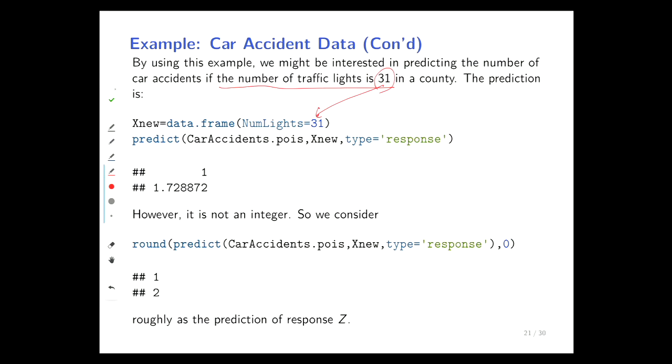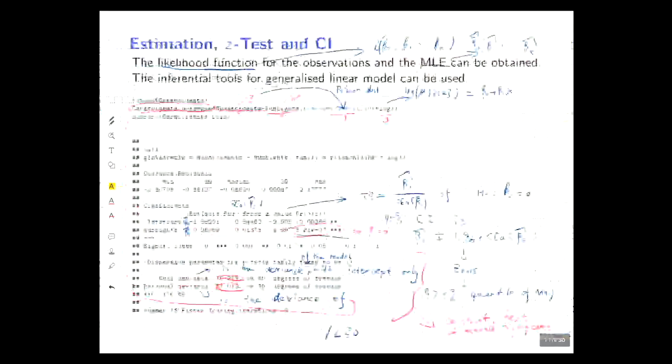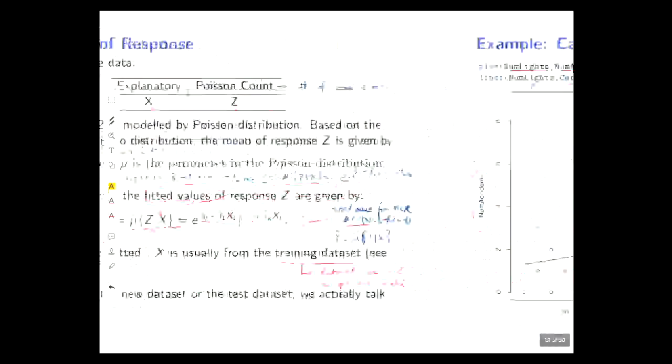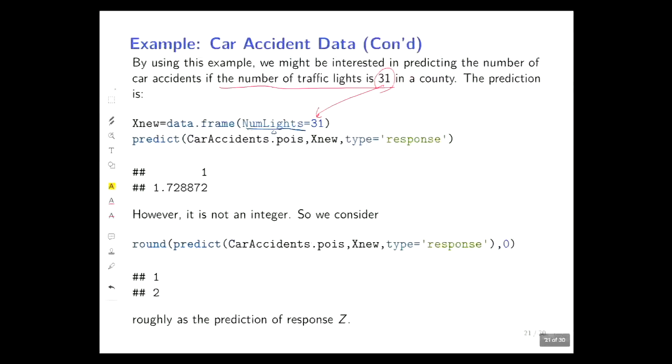Maybe it's also the last time for me to talk about this predict function again. You need to make sure that the name here, number of lights, is the same as the name in the summary output. Otherwise, R will report an error, I think.